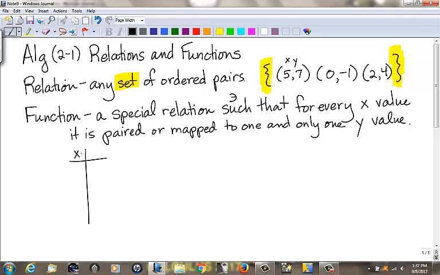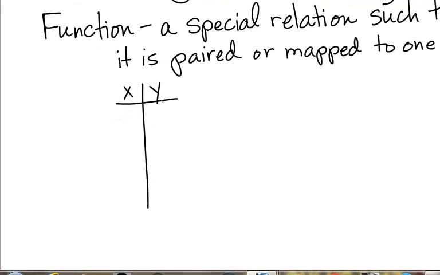You can do it by table, you can do it by a set of ordered pairs, but let's look at a couple of examples. Let's say I did -1, 5, 2, 7, 3, 9. For every x, is it mapped to just one y? Is -1 mapped to just one number? Yes. 2 is mapped to just one number? Yes.